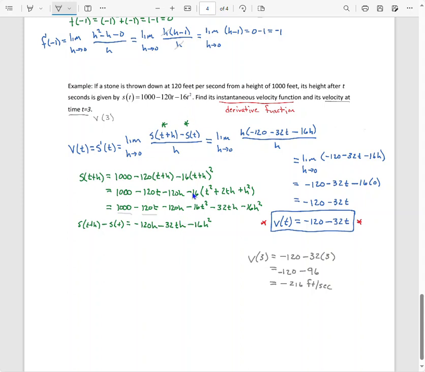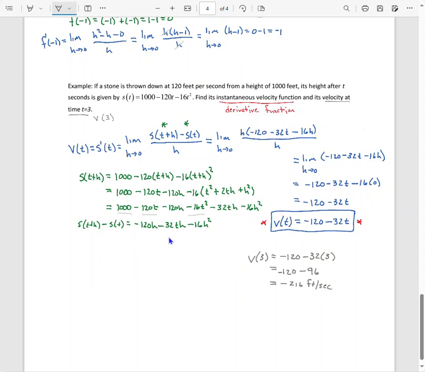And I'll subtract a negative 16t squared, so I'll add a 16t squared. So everything that doesn't have an h in it at the end of the first step is exactly what's in the function, which is exactly what we're subtracting off. We're left with just the values that have the h's.